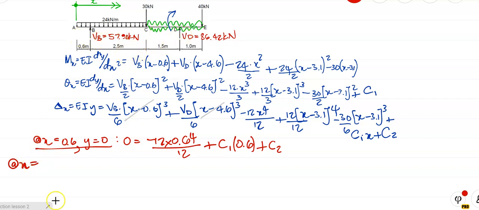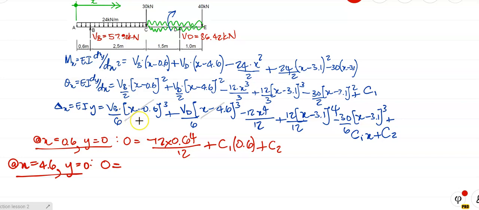That is 4.6. So at x equal to 4.6, the deflection there is equal to 0. There we go. Okay, so we're going to put 0 into there. We're going to put 4.6 in that equation and set up a second equation and solve for C1 and C2 simultaneously.